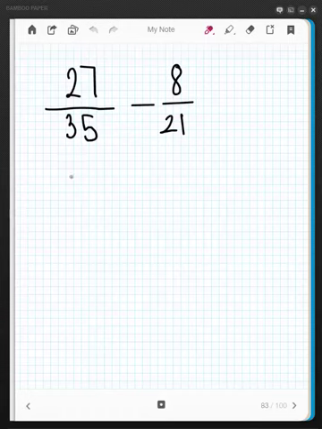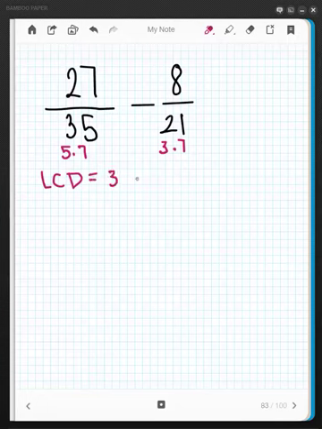Okay, here we go. 35 is 5 times 7. 21 is 3 times 7. So my least common denominator is going to have 3's, 5's, and 7's in it. So this is going to look like 35 times 3.